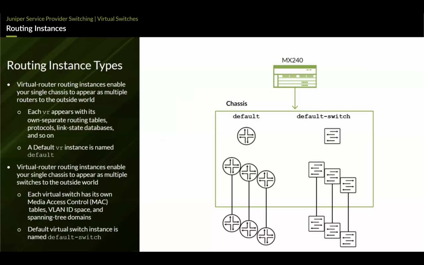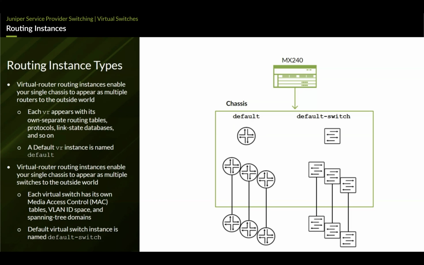See this one. This is an MX240 router, the default chassis. By default, you can configure this MX240 as a router. At the same time, this device will work as a default switch.